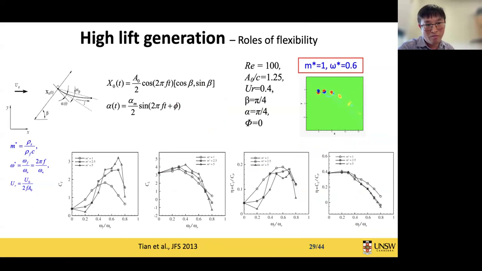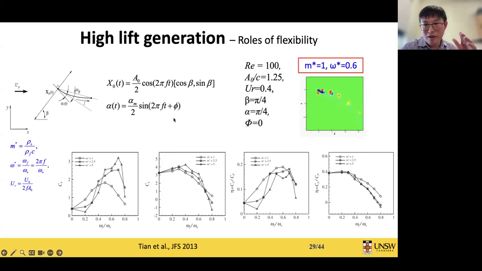The first parameter, M star, measures the structure inertia to the fluid inertia. The second one measures the input energy and the initial internal energy.